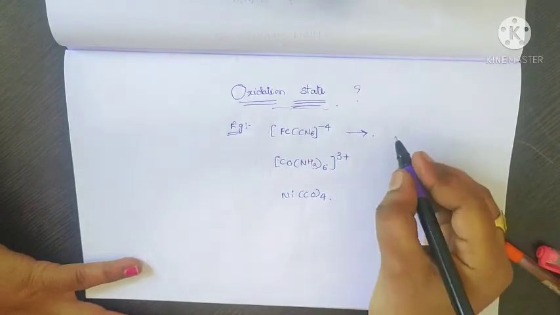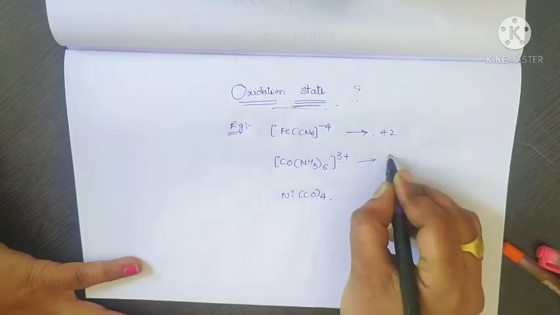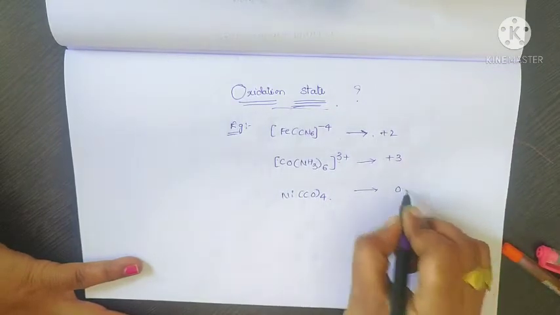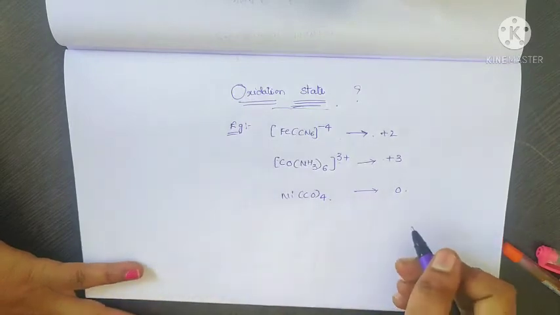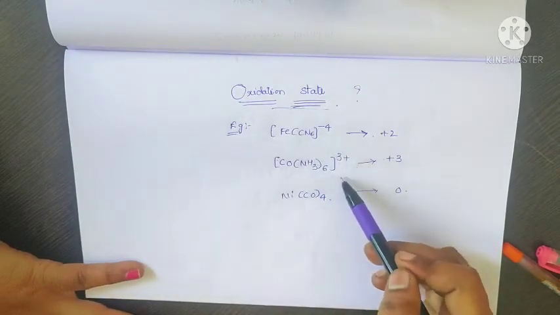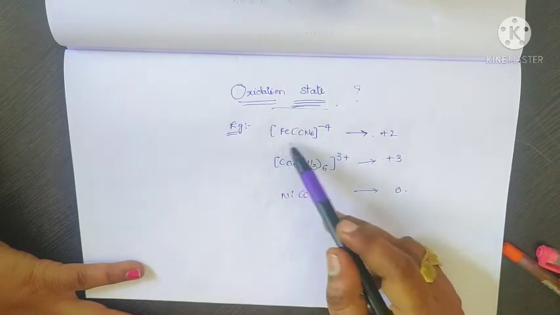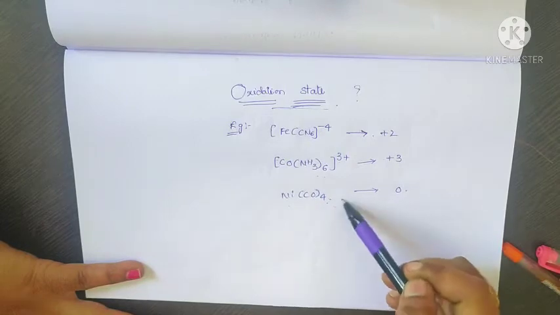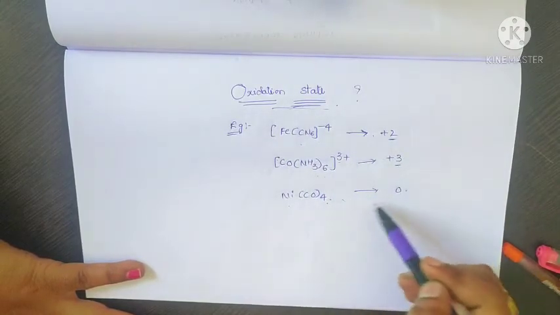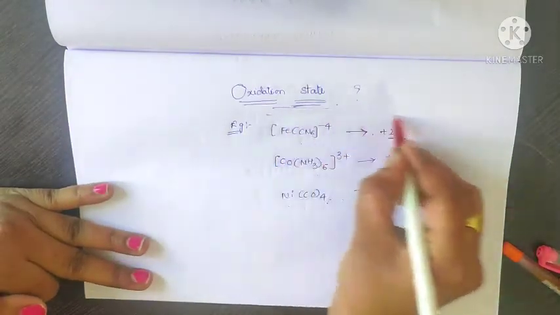So the oxidation state is plus 2, and the oxidation state of this complex ion is plus 3, and the third one is 0, because it is a number which represents the electric charge on the central atom. So the ferrous oxidation state is plus 2 and cobalt oxidation state is plus 3 and nickel is 0. Okay students, these are the oxidation states of these complex ions.